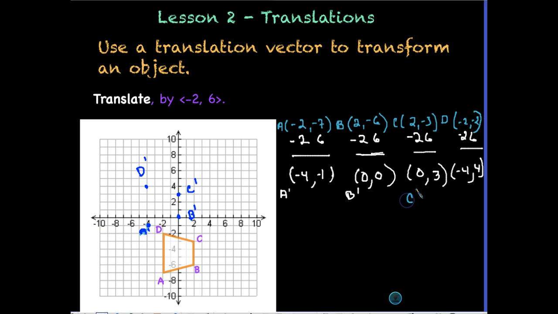So again, important to keep these corresponding. That way we don't confuse them. Now all I had left to do was connect the dots, and I have my new trapezoid, my image. And it's that simple. Our original shape was translated to the left 2 and up 6 to get our image.